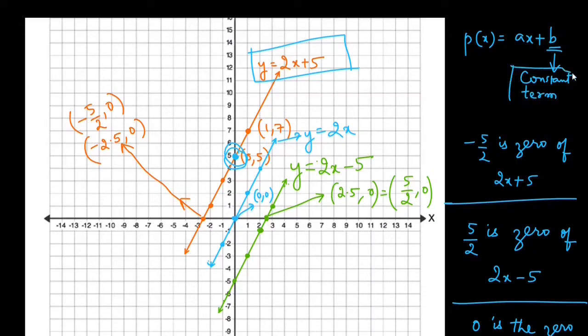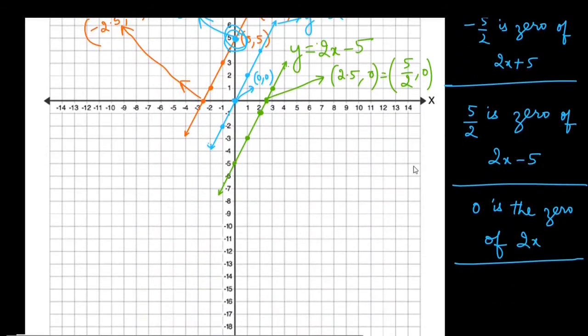So this constant term is the y-intercept. The y-intercept here is 5. So y-intercept is the constant term.